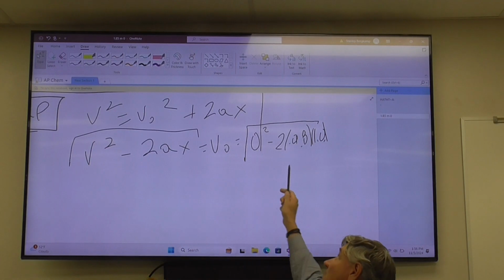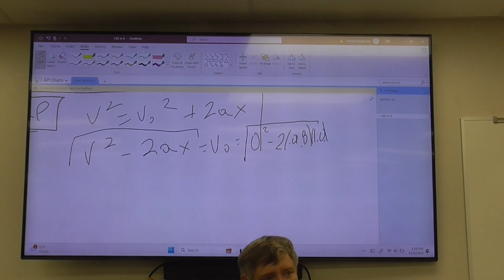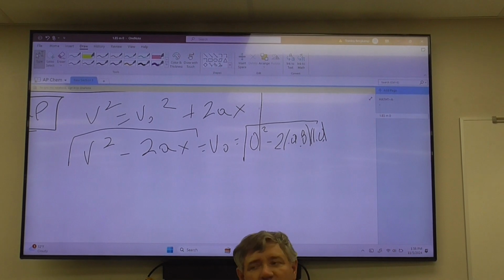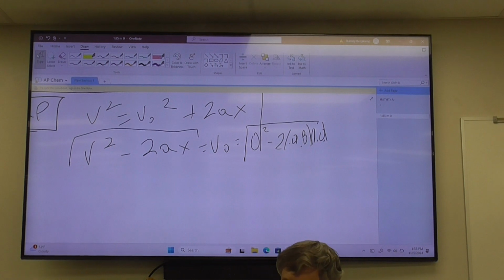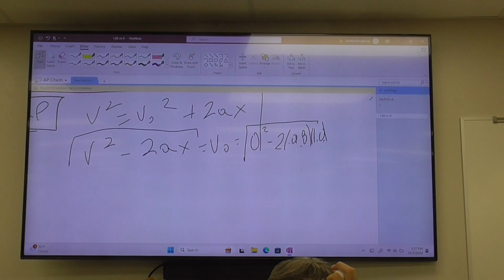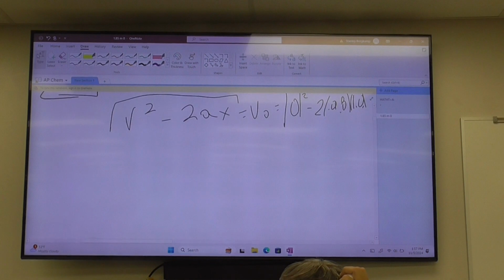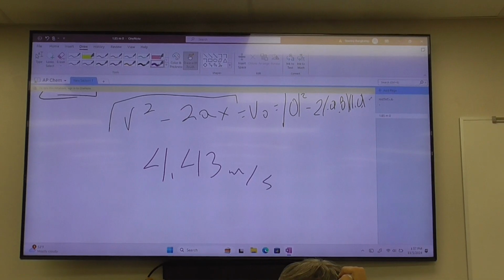So I've got 0 minus a negative number multiplied by a positive value. So I end up with positives underneath the radical. Life is good. So Andrew, what do I get out of this? 4.43. What'd you get? 4.43 meters per second.